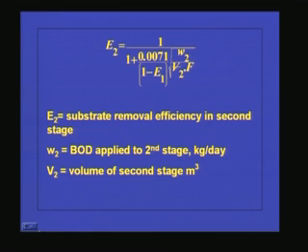So if we have a series of biotrickling filters, we can find out E1, E2, E3 like that, and the total removal we can find out. The thing is, we cannot just add up the efficiencies, because the first one will be removing 80%. So the concentration coming to the second system will be only 20% of the initial concentration.